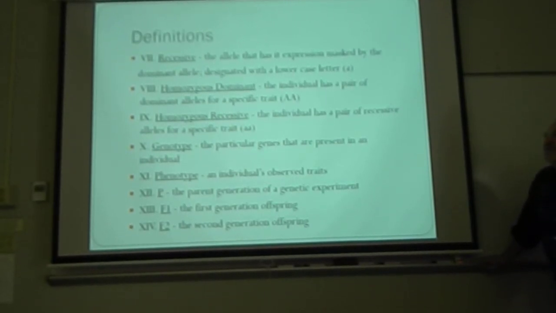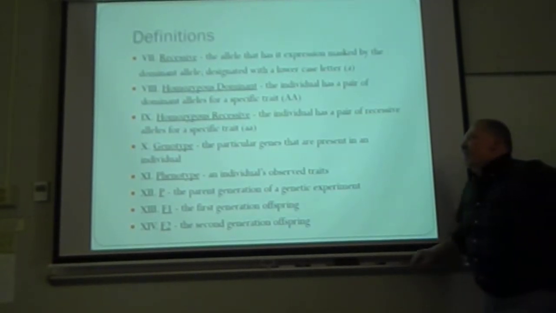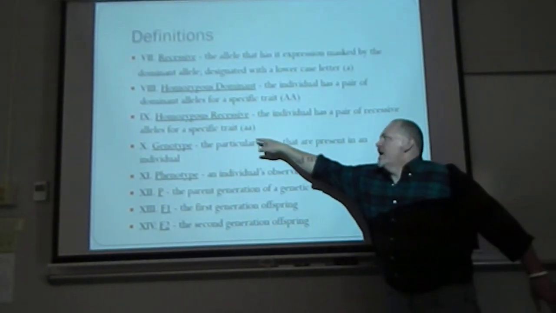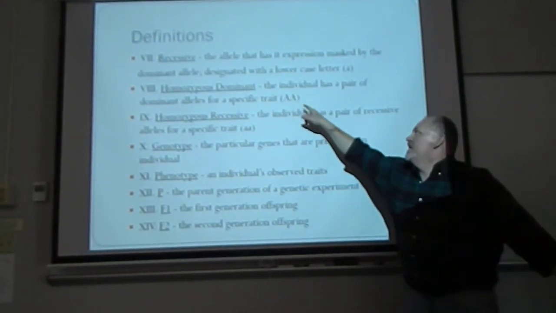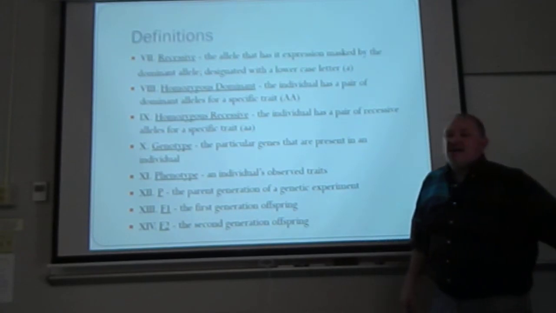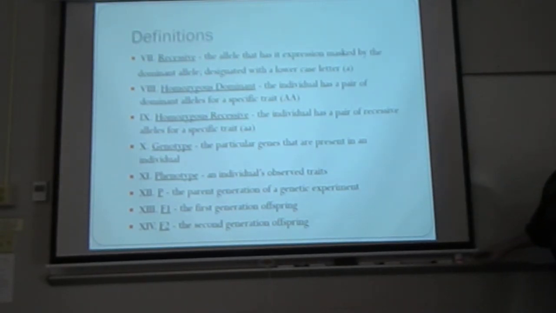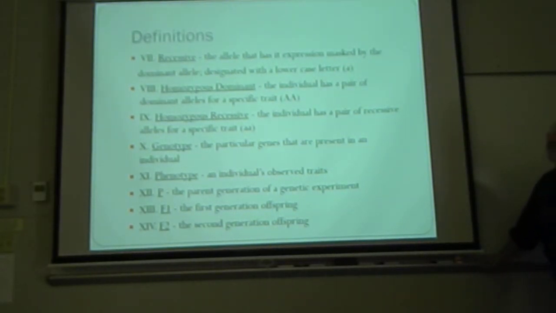So a genotype could be homozygous recessive, homozygous dominant, or heterozygous. The phenotype is the actual observed traits of an individual. Are they purple? Are they white? That's the phenotype.